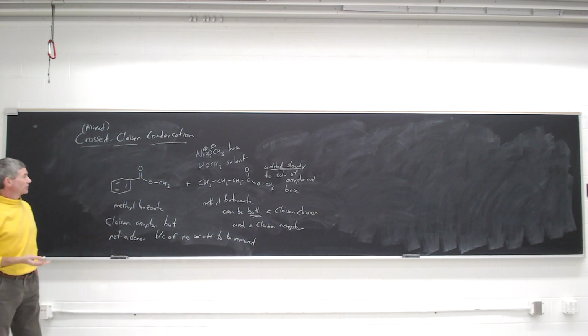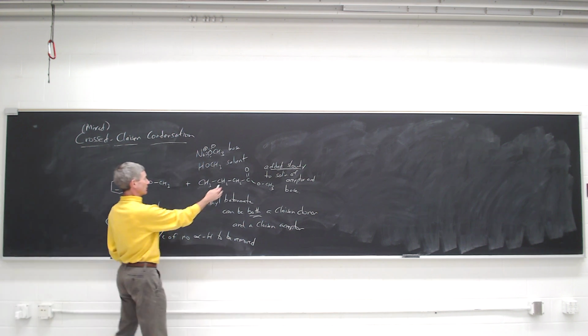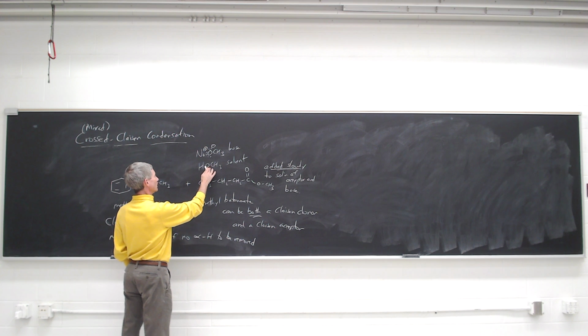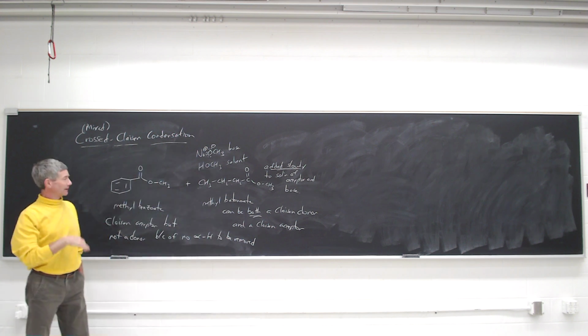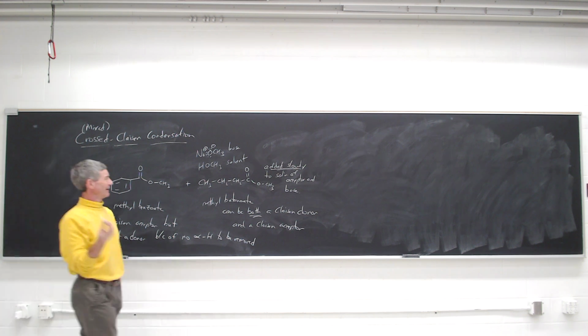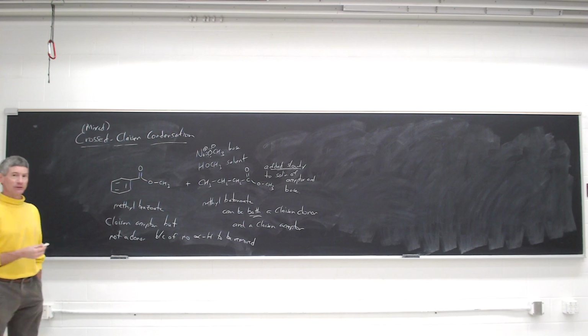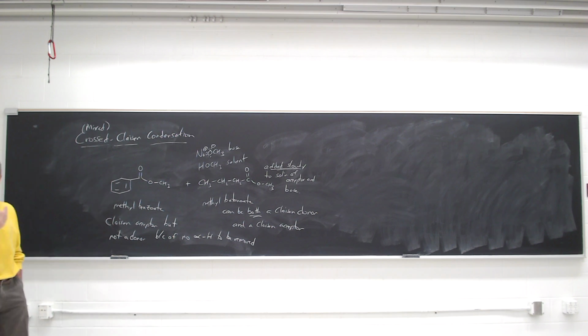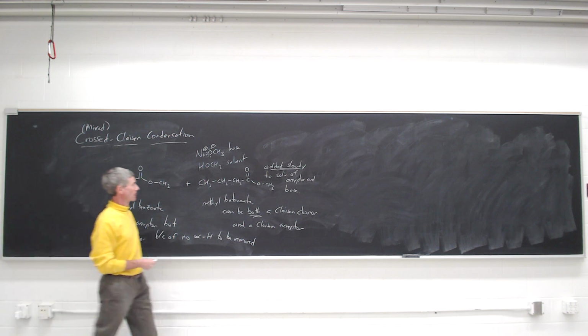Controlling that order of addition means that this is likely to run into the base and form the enolate, but then it'll be in solution with a large concentration of methyl benzoate and a small concentration of itself, so it's unlikely to do a self-condensation. Exactly the same strategy we used in the crossed aldol condensation.